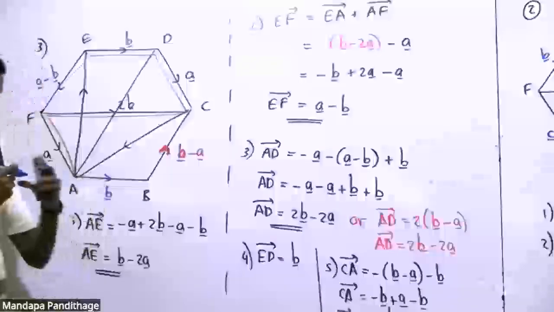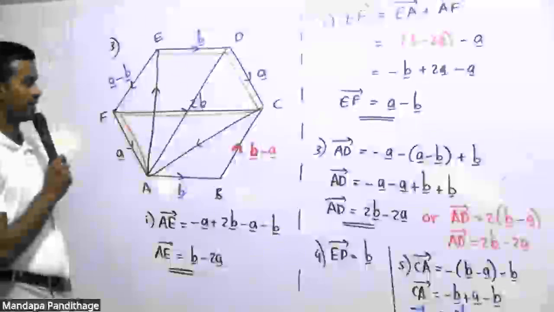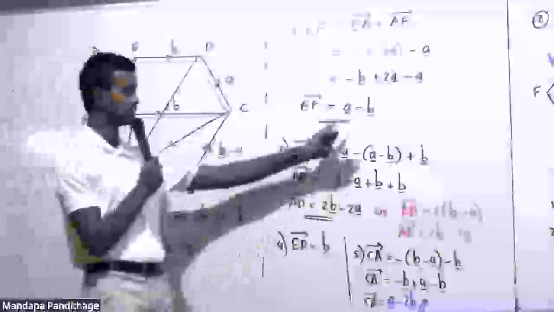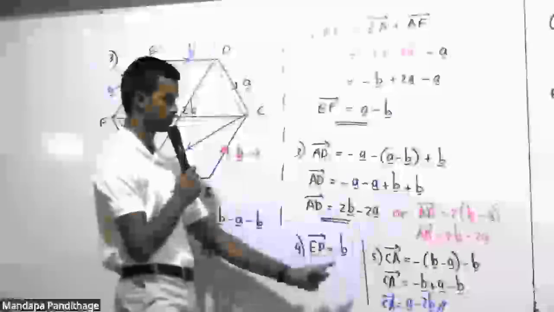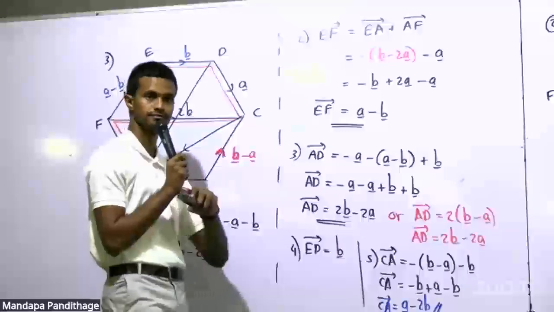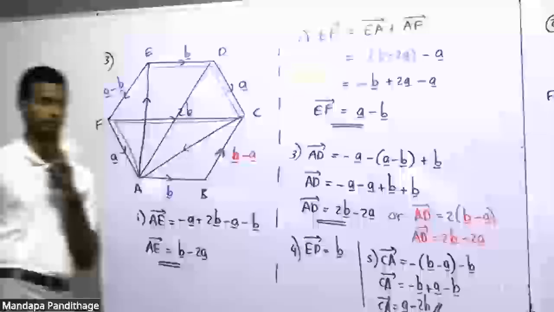Clear, no? Here's a check on these 5: B minus 2A, A minus B, 2B minus 2A, B, and A minus 2B. Hands up, book up. Okay, I'll give 1 minute. You can complete the work if you haven't taken the answer.